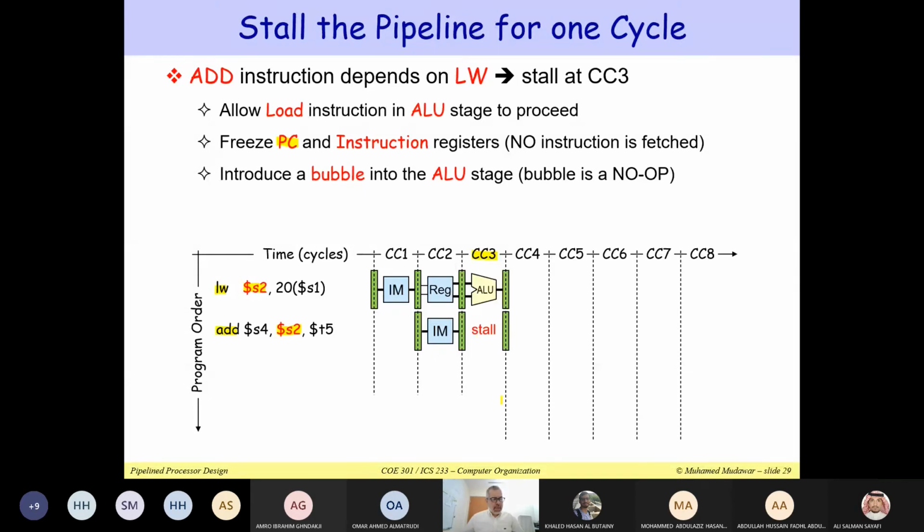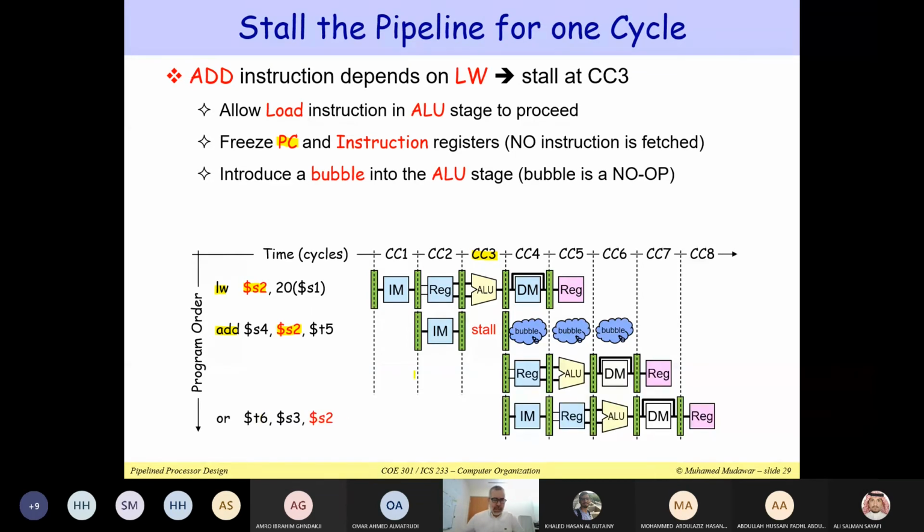We don't fetch a new instruction. And the instruction which is in the second stage, the add instruction, is going to remain in the same stage. We don't allow it to proceed into the execute stage because it cannot execute yet. It is still waiting for the value of $s2. So this is the meaning of a bubble, as if we are converting this add instruction into a bubble, and we are forcing this add instruction to remain for one extra cycle.